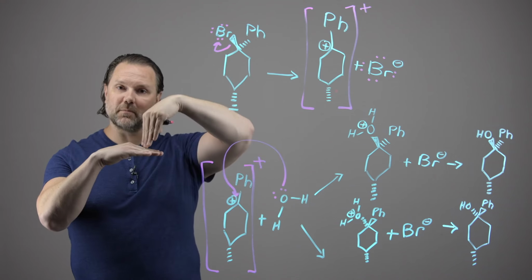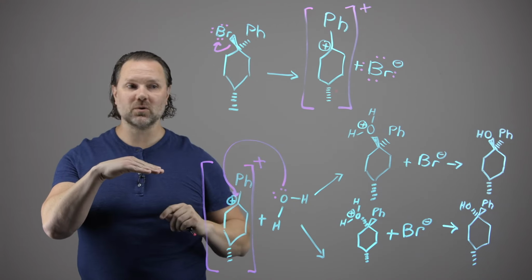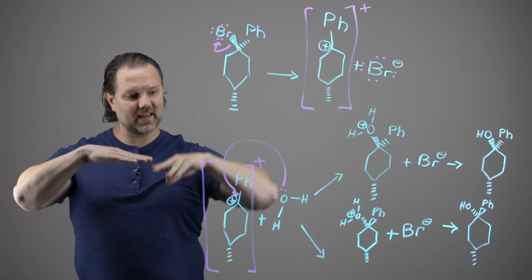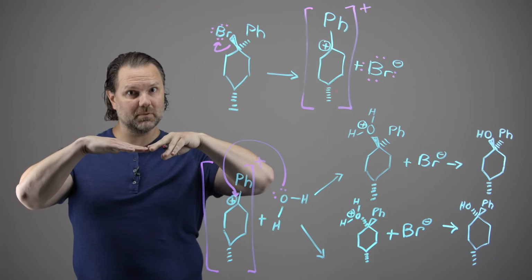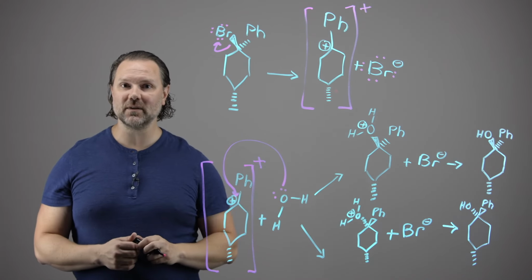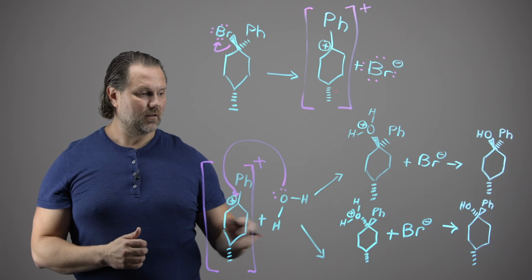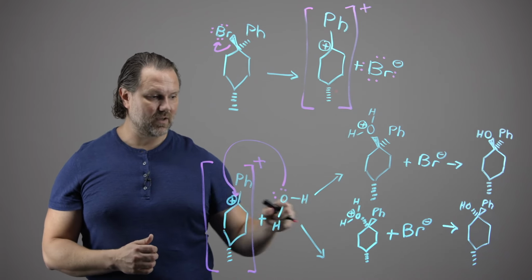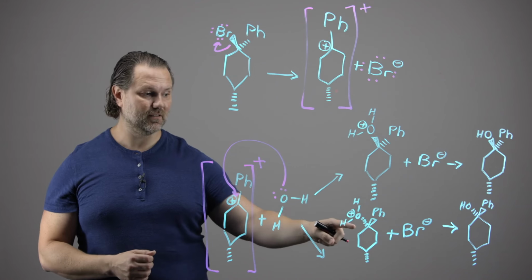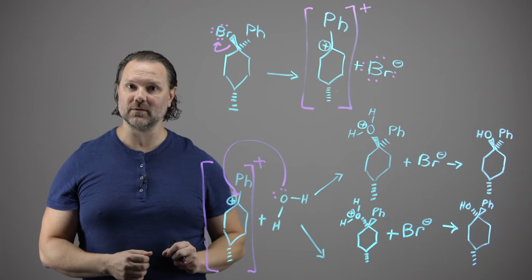If it attacks from above, the bond will show as coming out of the plane, and it will push that phenyl group that was originally in the plane out of the way, and that's why the phenyl is now pointing down. The other reaction pathway looks very similar, except here the water is pointing down.